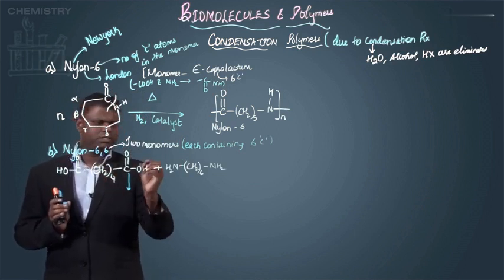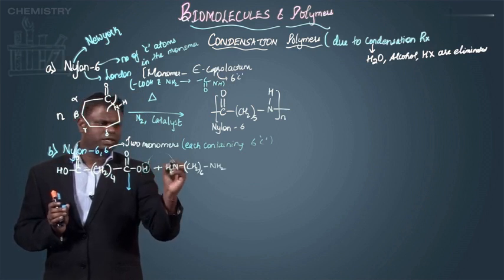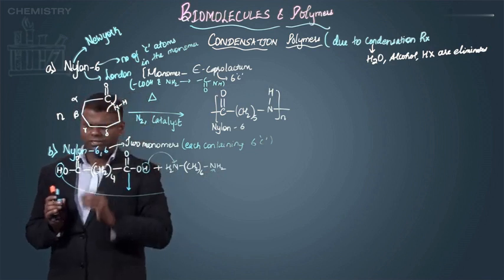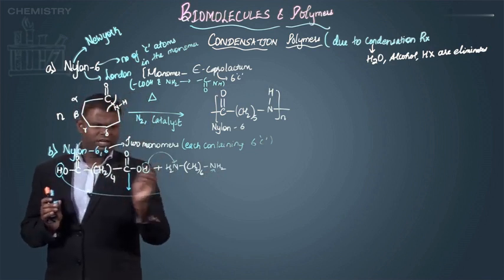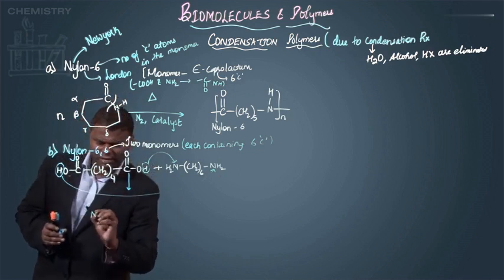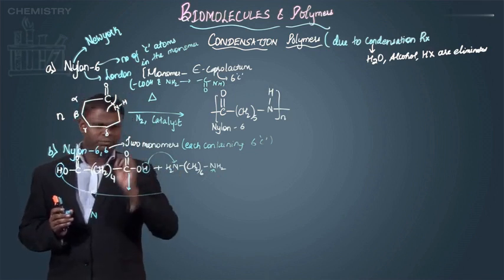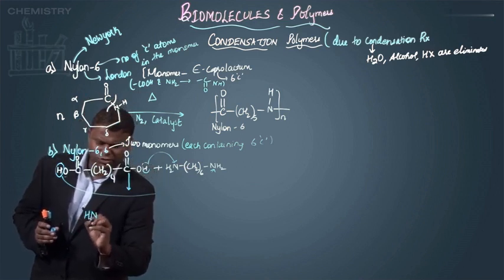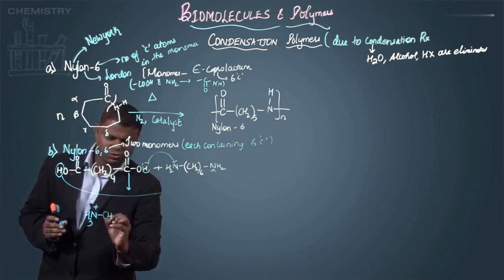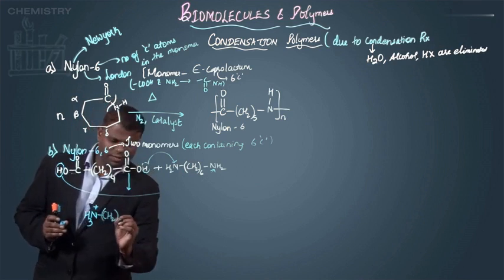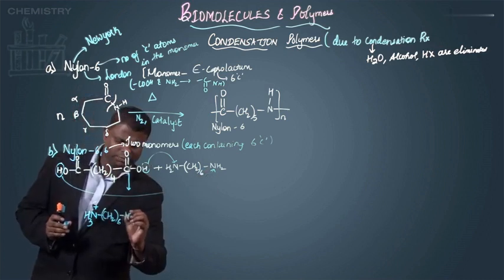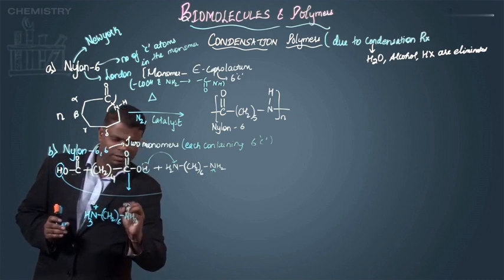What exactly happens is that an H is transferred from here to here, and another H from here to here, as a result of which you get a structure like this. Let me put this fragment on this side. NH2 gets a proton, so it becomes NH3 plus, connected to CH2 six times, and then the other NH2 again takes up a proton, so you get NH3 plus.